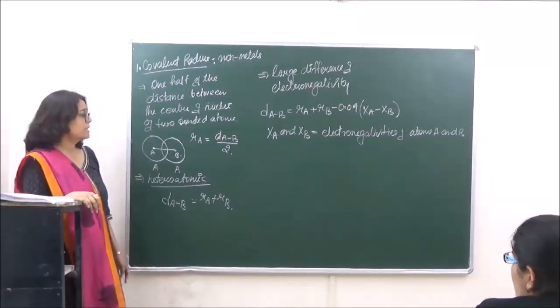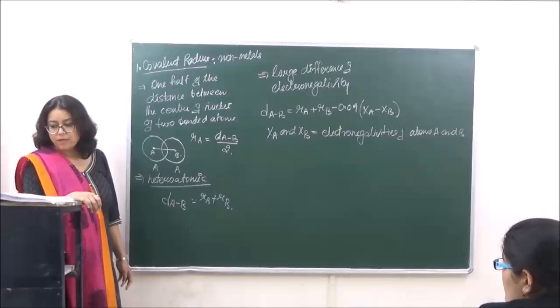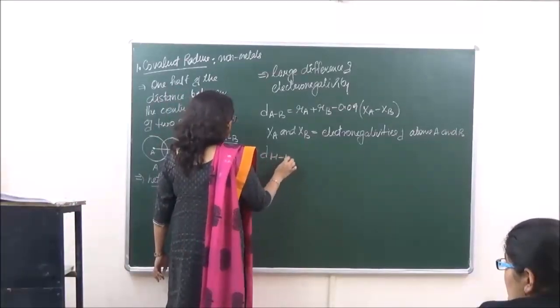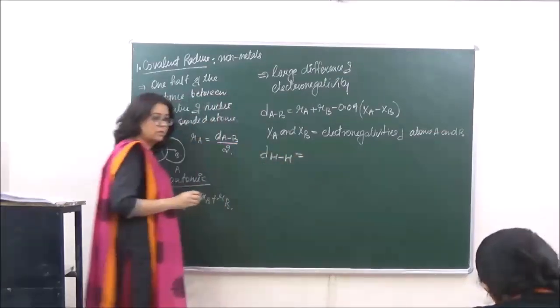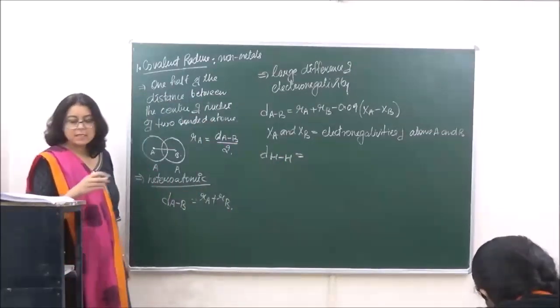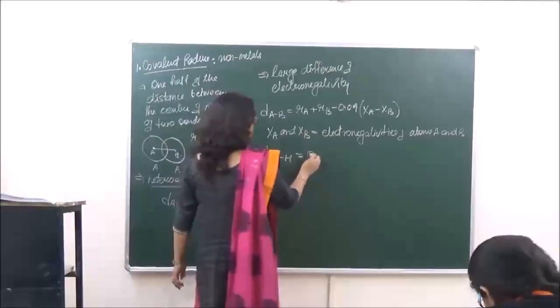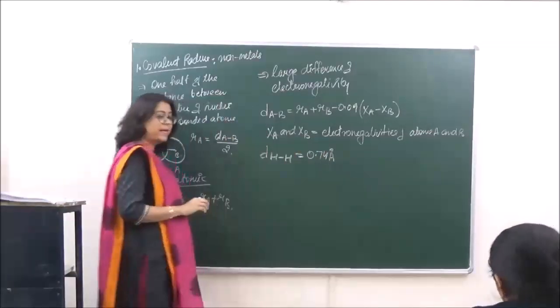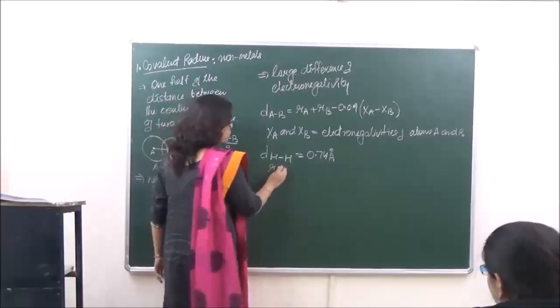Okay, let's take a few examples. For example, if we say that the distance HH in hydrogen is equal to 0.74 angstroms. Right? Then what is going to be the radius of RH?